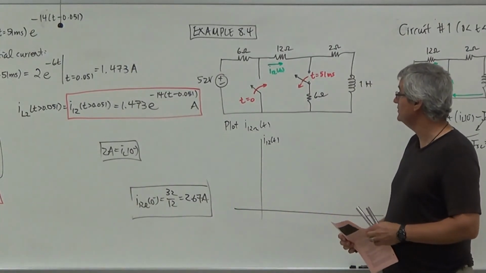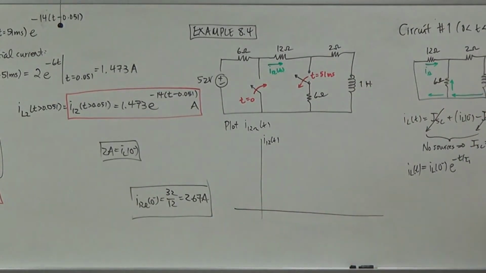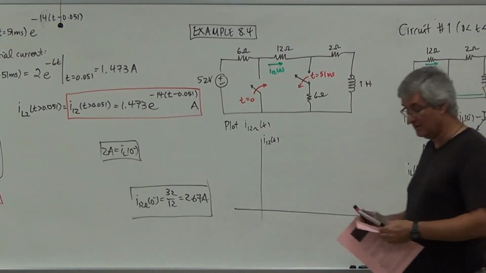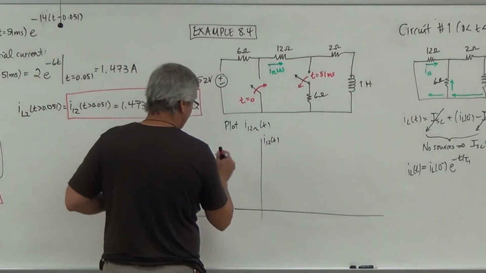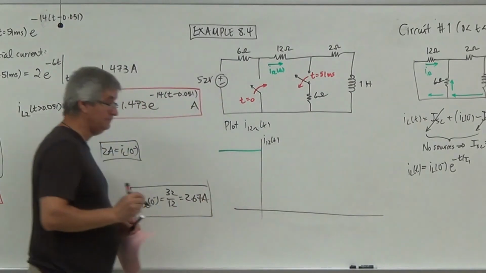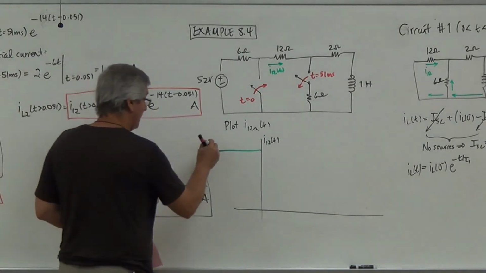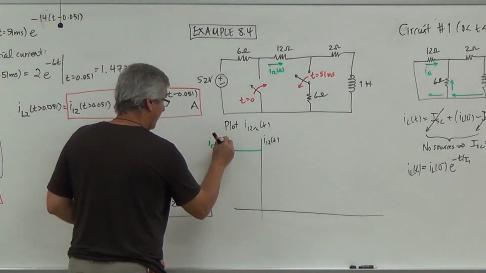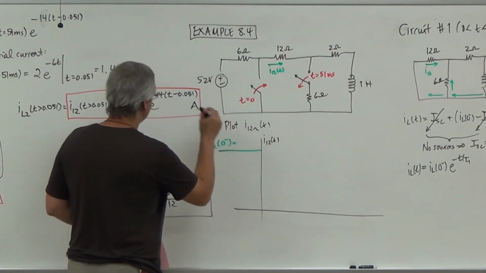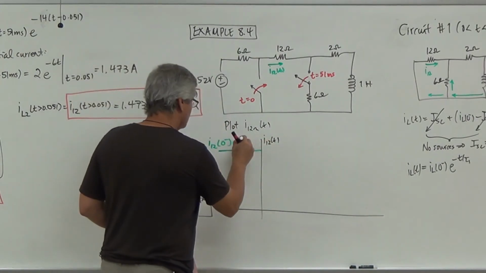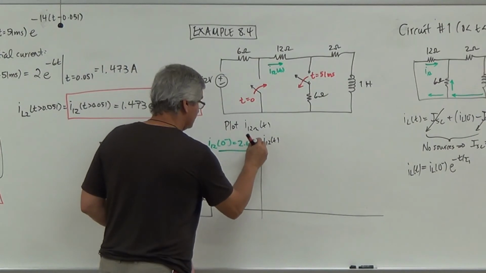So if it started off at 2.67 amps, afterwards, when the switch is thrown, you can see that this went down to 2/3. So what I'm seeing here is that there has to be a discontinuity. So initially, this comes in here, and let's be real careful. Let's write it properly. I-12 at 0 minus should be 2.67 amps.